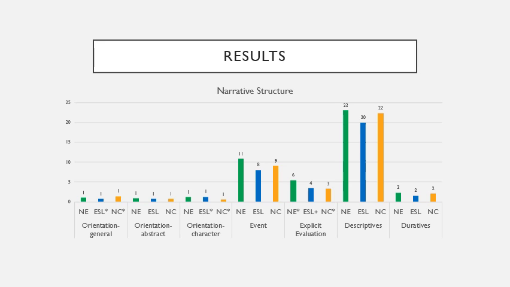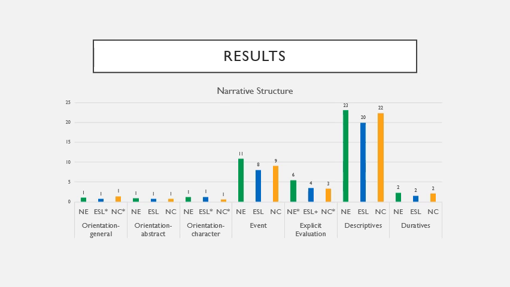Explicit evaluation refers to the use of language to directly express the character's feelings or emotions in the story. For example, something like, I was so scared or I was shocked. These are coded into explicit evaluation.